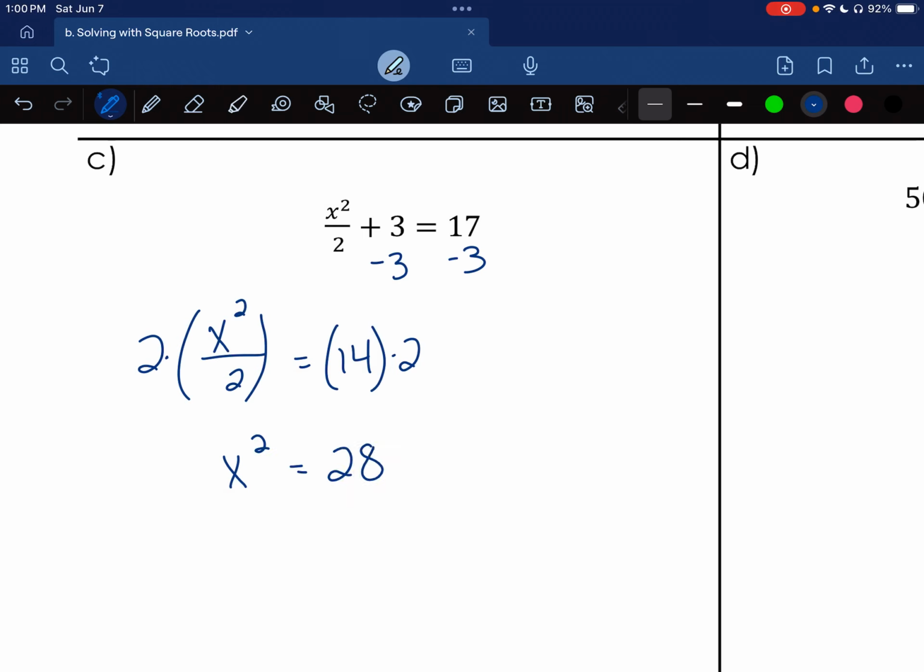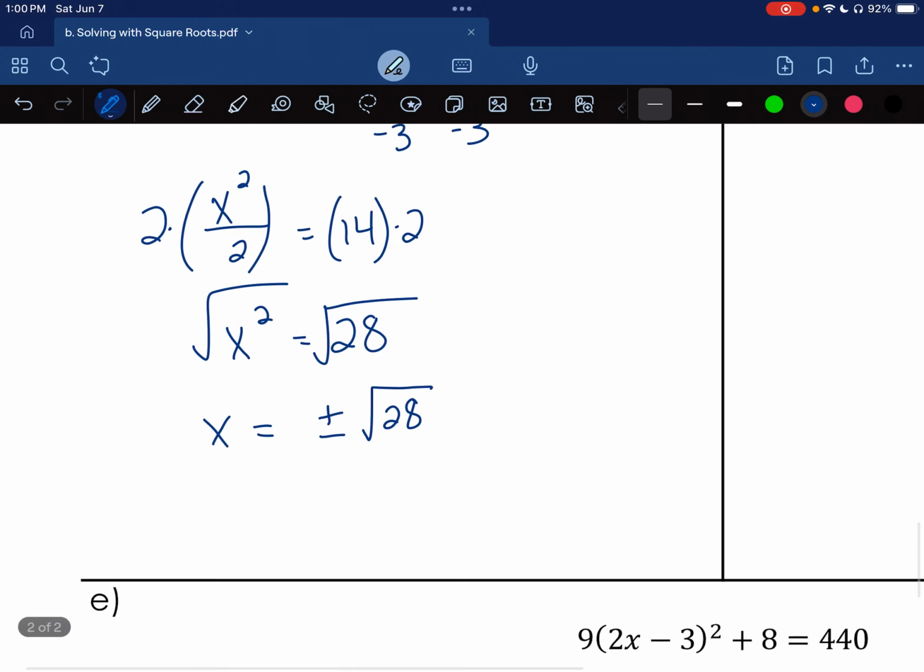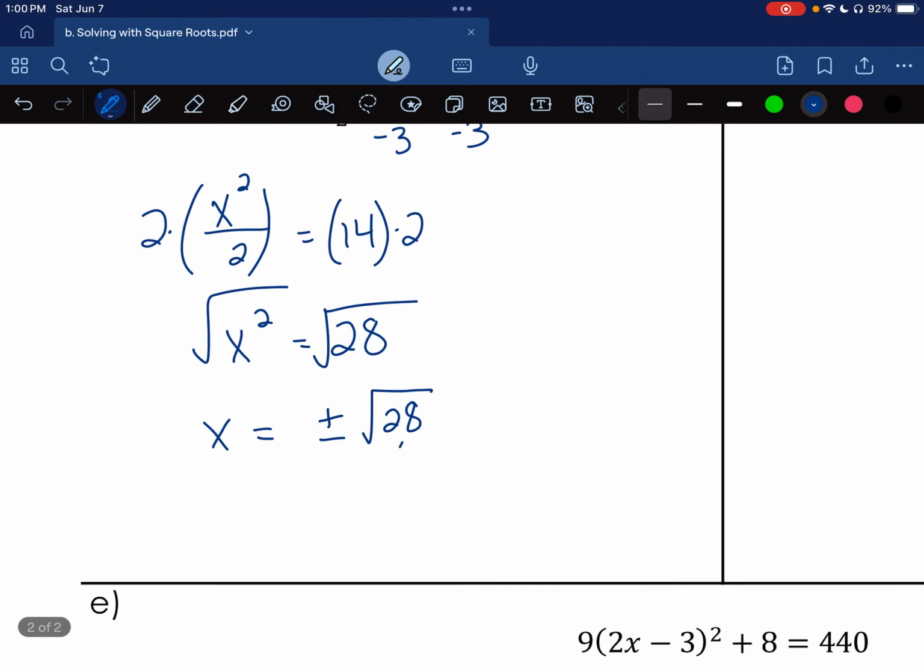Now I can square root both sides, and I'll end up with x is equal to, not forgetting my plus or minus, the square root of 28. Now 28 is not a perfect square, but it has a perfect square factor in 4, right? This is 4 times 7, 28. And so I can say that x is equal to plus or minus 2 radical 7.